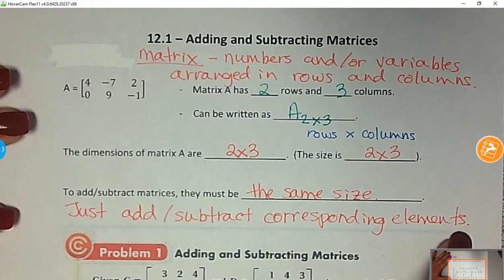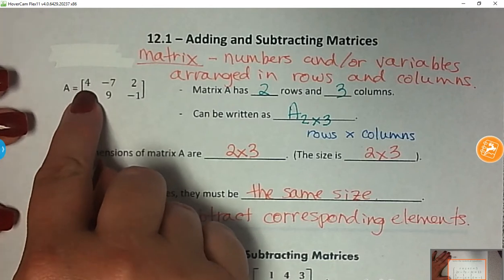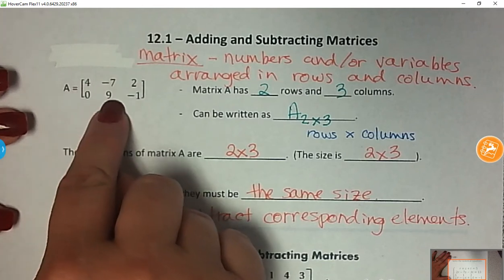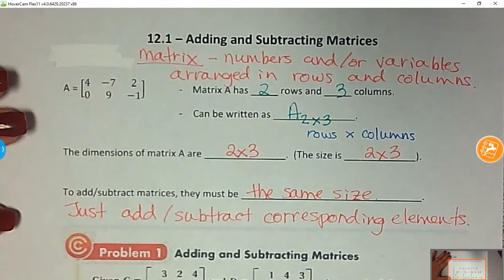Okay, and when I say the corresponding elements, that means each individual entry in the matrix. So 4 is an element, 9 is an element, -1 is an element. Those are just the individual numbers or variables.